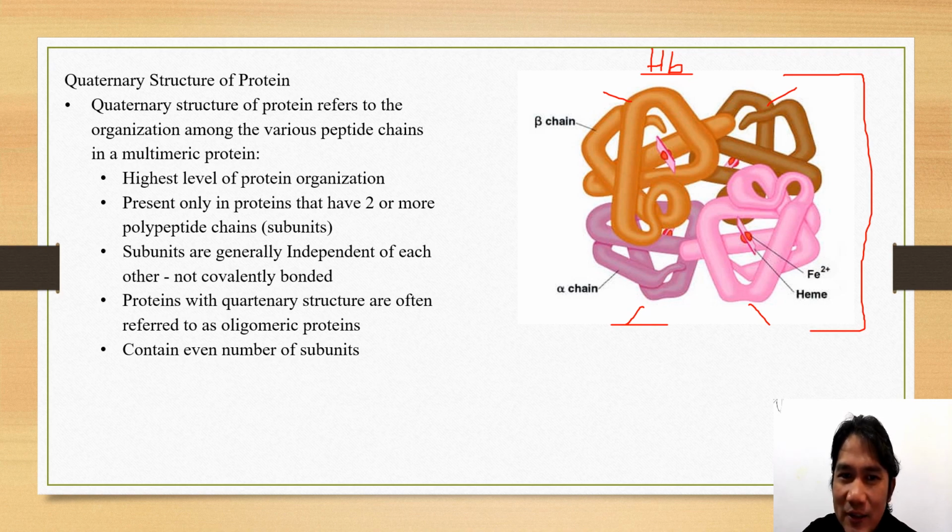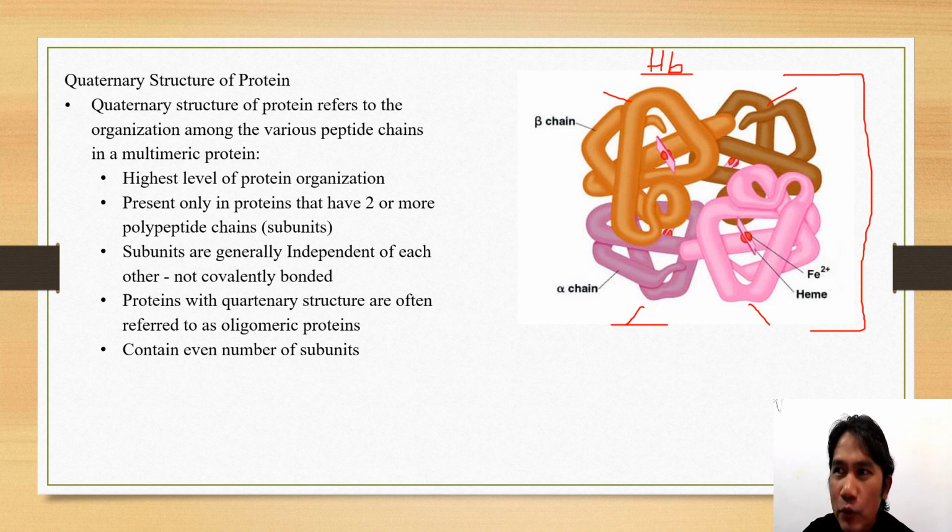So this is the highest level of protein organization. In order for a protein to be classified as quaternary, there must be two or more polypeptide chains. There must be two or more subunits. If there's only one subunit, then that is not a quaternary structure.